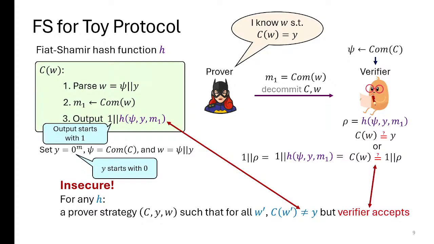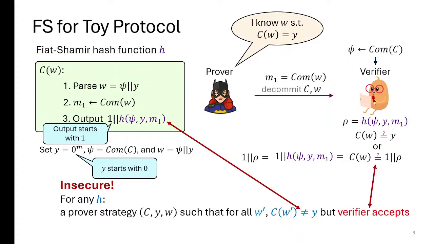I'll go through it again, just because this diagonalization stuff, at least for me, is very confusing. The circuit gets the witness. This is the same witness that the prover has committed to. It commits to it just like the prover does. And then it has all of the transcript that the verifier has at this point. It can compute this hash, and it outputs 1 concatenated.